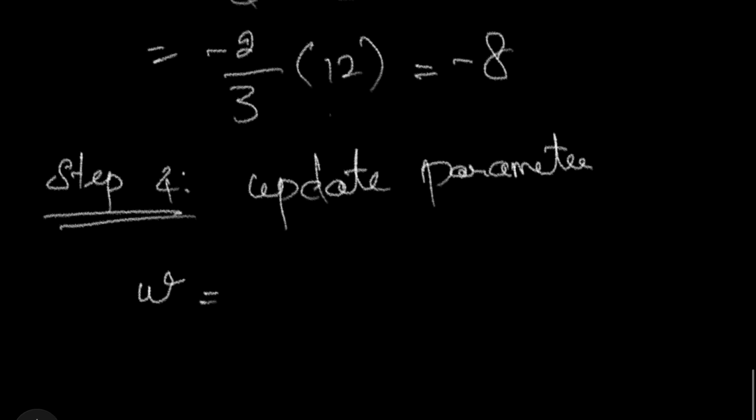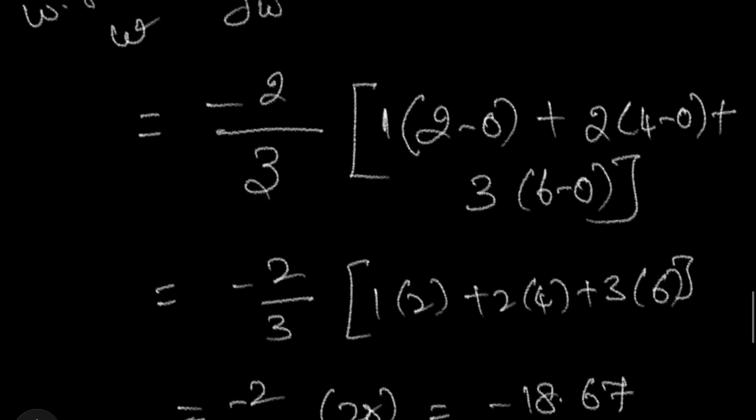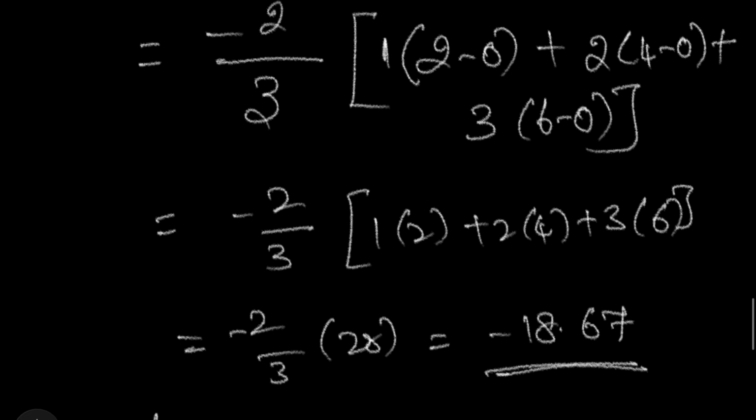So what is the old value we have for weight? It is 0, right? The initial value, the old value which we have is 0. Minus, what is the learning rate? It is already given as 0.1. And into, what is the gradient value with respect to W we have? With respect to W we have minus 18.67.